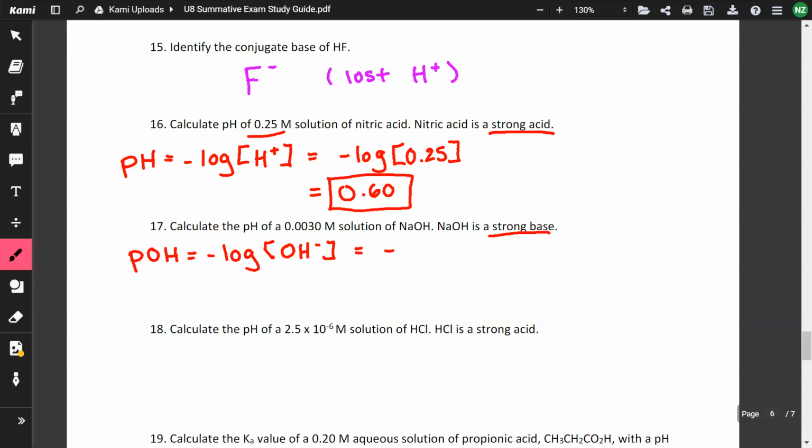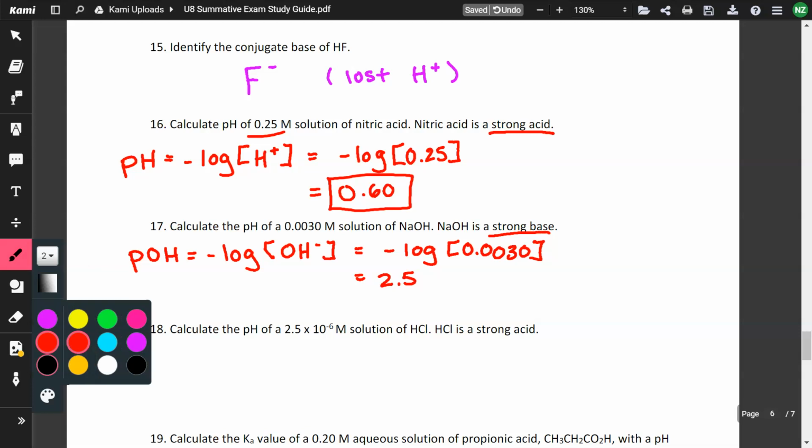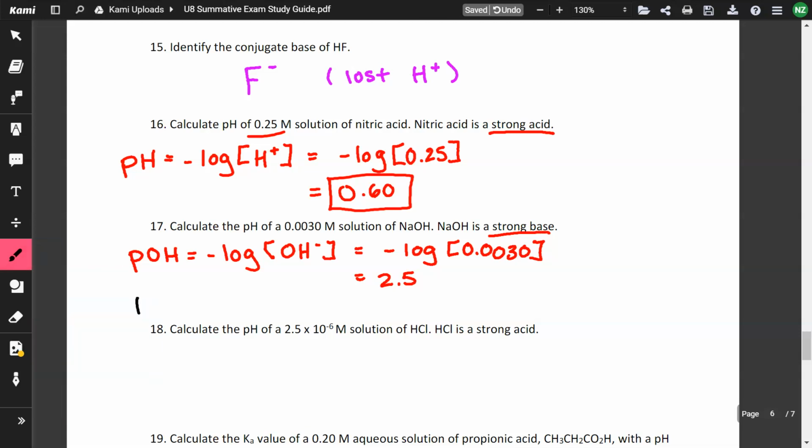So when we plug in, it'll be negative log 0.0030, and you get, let's see here, 2.5. From here, there's another step we have to do. pH plus pOH equals 14.